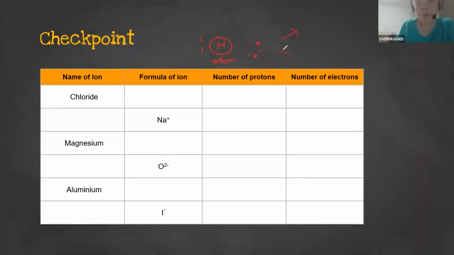There are two possibilities to gain the stable electronic configuration. It can kick out this one electron to form hydrogen ion. You will see this in the acid chapter later. Alternatively, it can gain one electron to get two electrons, and then it will become like that.